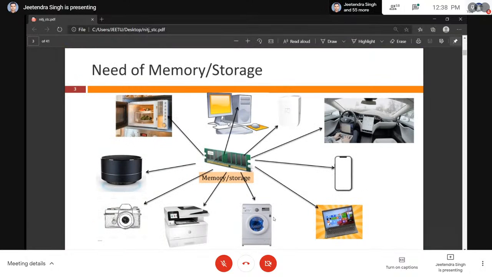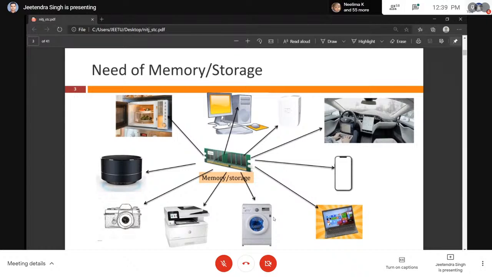So actually, first of all, I will talk about the memories, the need of the memories. You cannot imagine any electronic gadgets in recent times which have no memory. Each and every equipment needs some memory part, either primary memory or secondary memory. Primary memory are your ROM, RAM, ROM may be EEPROM or PROM, or it may be DRAM.